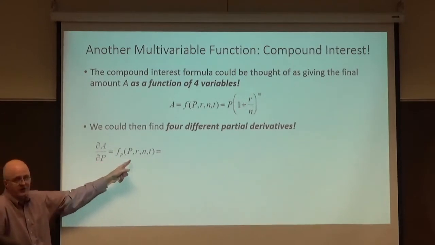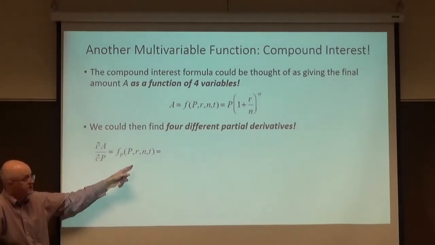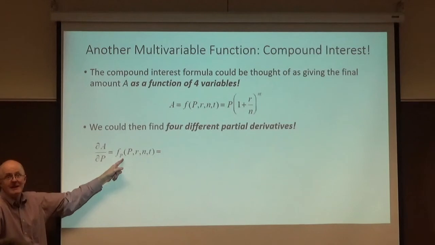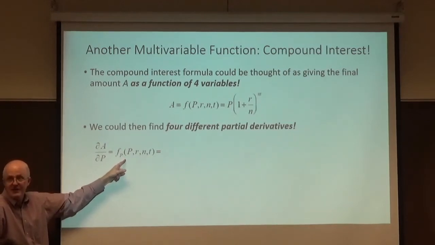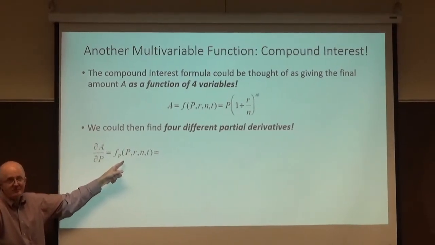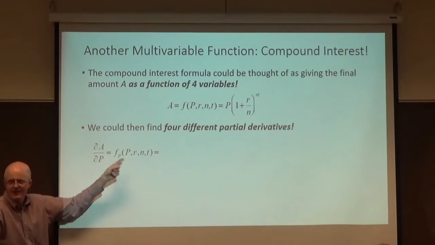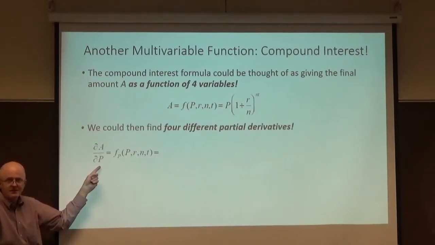Here, by the way, is an alternative notation you'll sometimes see for partial derivatives. You put the function name and then put a subscript indicating the variable you are differentiating with respect to. That's a new notation. I've never showed it to you before. I don't think I'm going to test you on that notation. I will maybe test you on this notation. It's the same as the ordinary Leibniz notation.